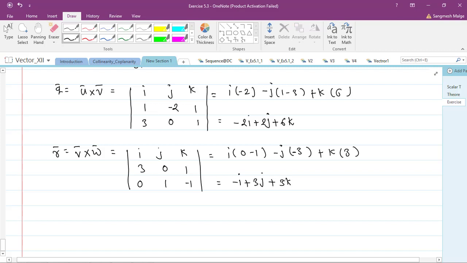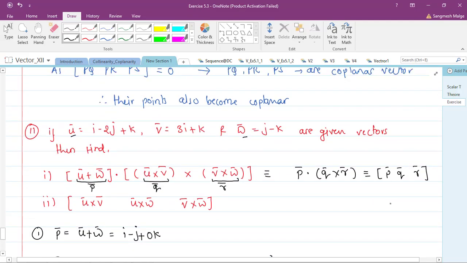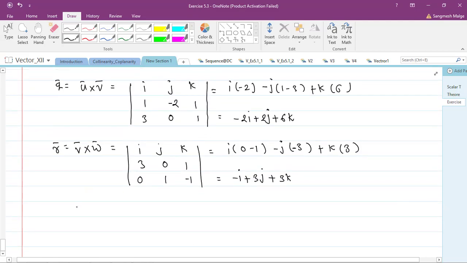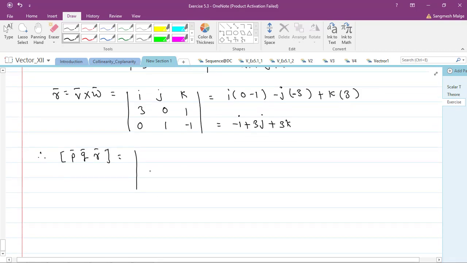This is p bar, q bar and r bar. Now let's find the required box product of these three, p, q, r. Therefore the box product of p bar, q bar and r bar is equal to the determinant of all three vectors' coefficients. p bar is 1, minus 1, 0.